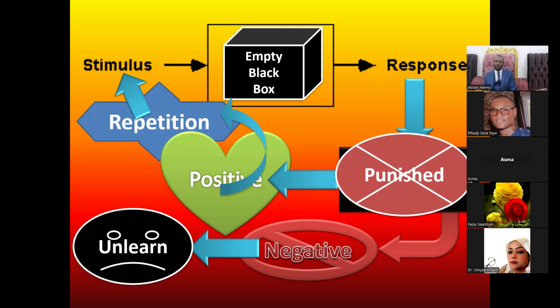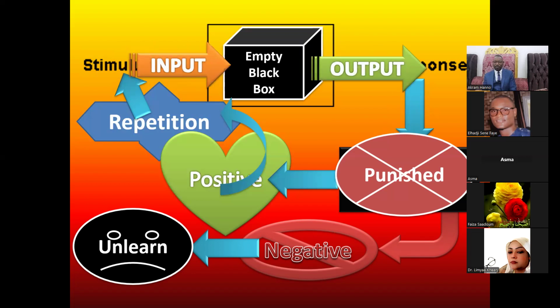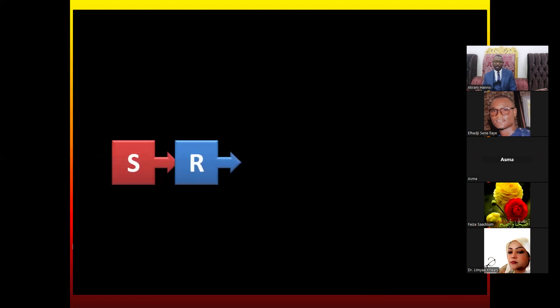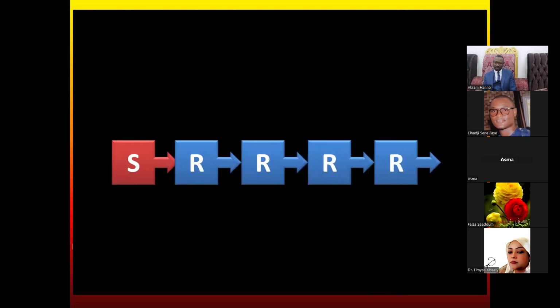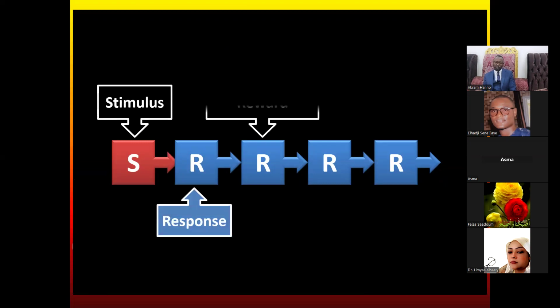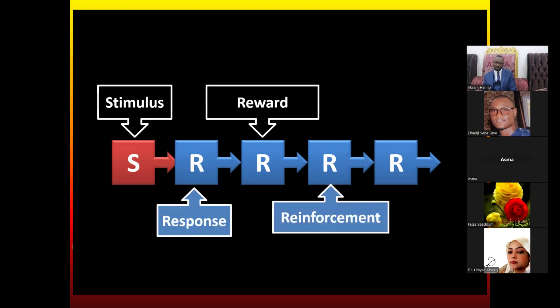Empty black box. Input and output. S, R, R, R. So SR pairing. These are called SR pairings: stimulus, response, reward, reinforcement, and repetition.